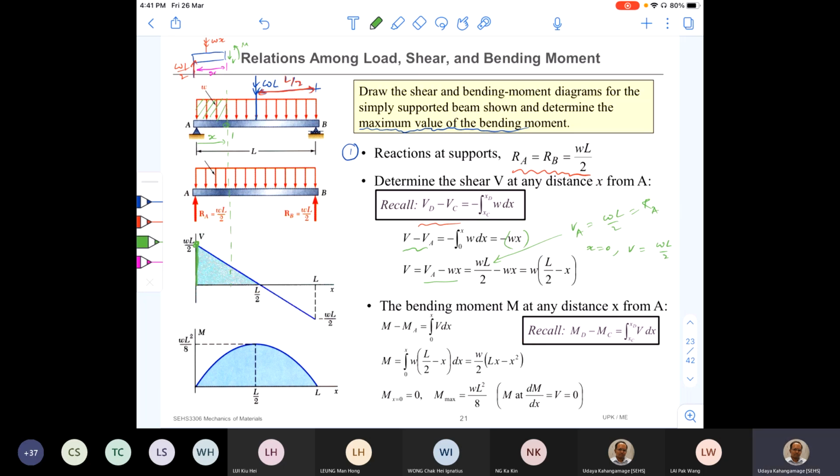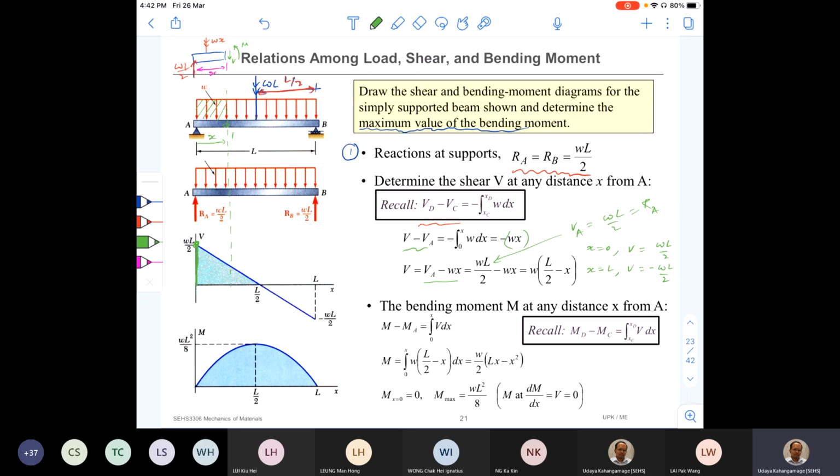And now we'll find out the shear force when X is equal to L. Shear force V is going to be negative WL by 2. Can you see that? I just simply substitute X equal to L, then you get this answer.